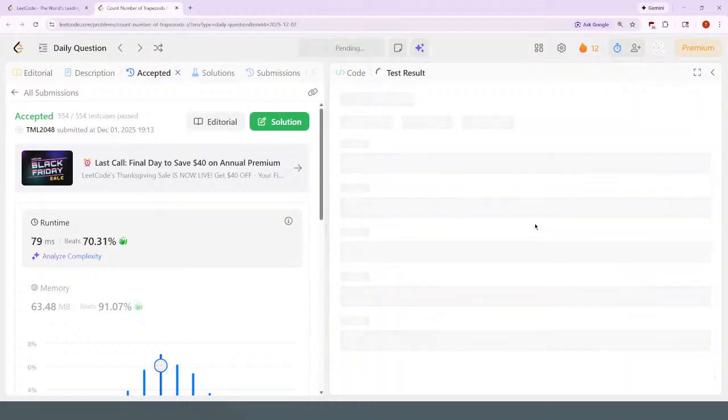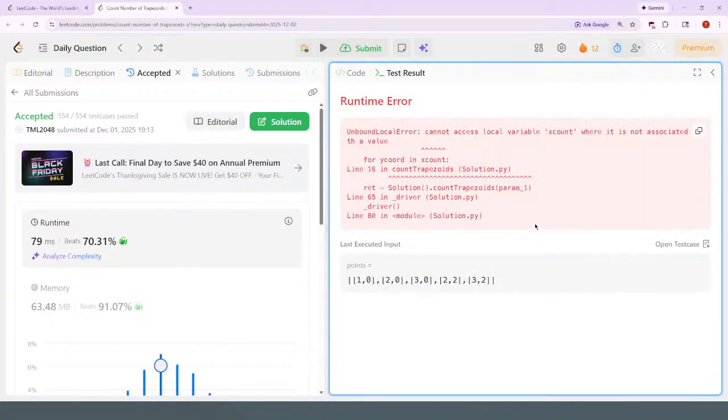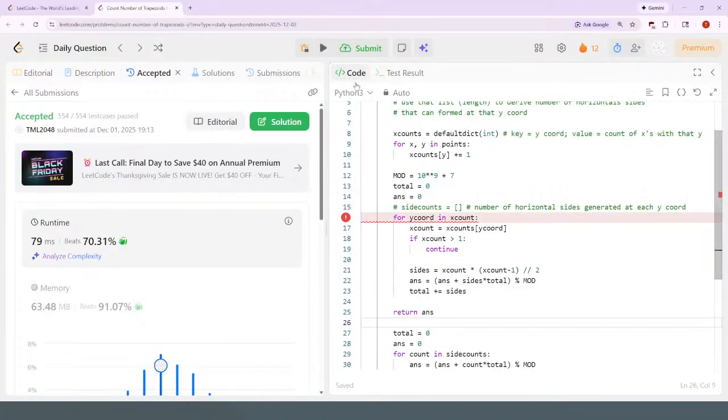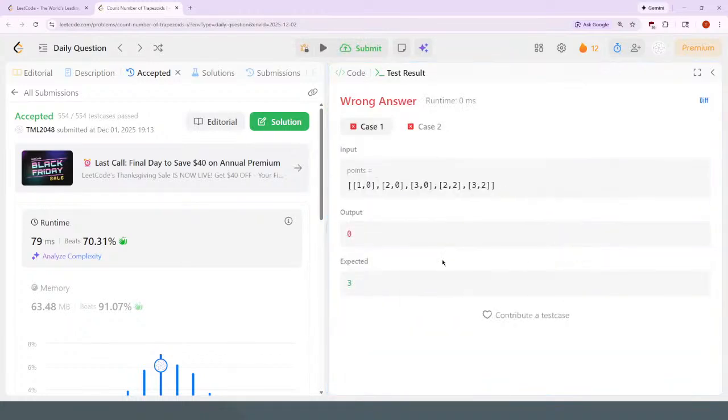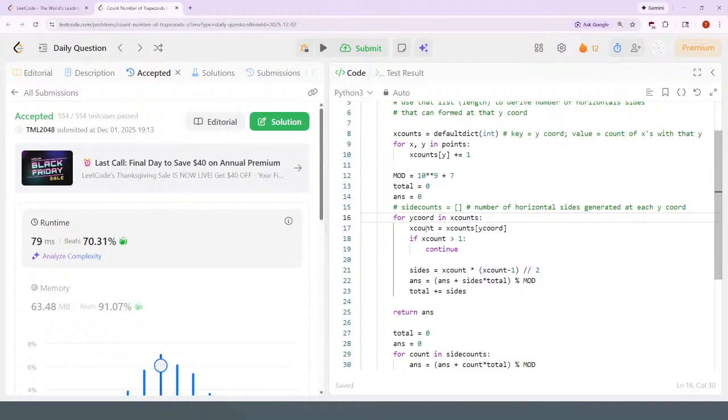Alright, let's see if that works. X count variable is not accessible. Should I relabel this x counts? Did I return answer equals answer plus sides times total? Interesting, this doesn't work.